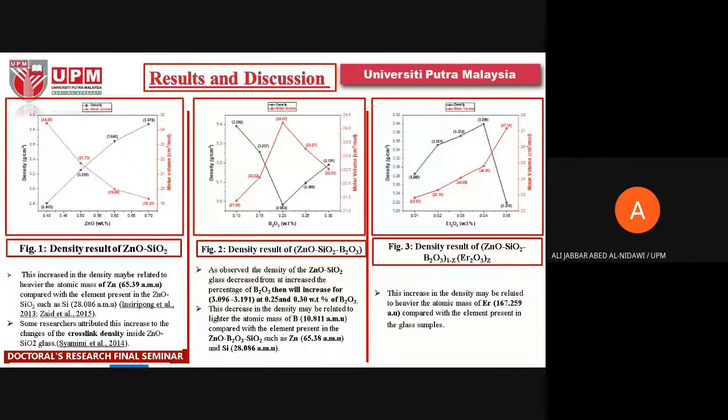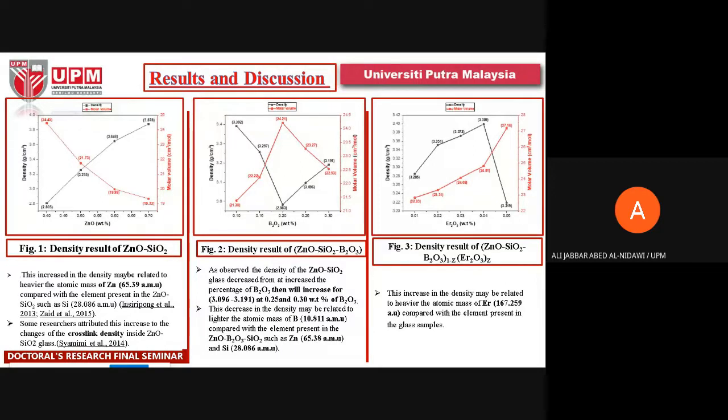As you can see, for the density result of the zinc silicate, the increase in density may be related to the heavier atomic mass of zinc compared with the other elements, and the density increases from 2.8 until 3.8 with increasing zinc concentration. For the zinc borosilicate glasses, we can observe the density decreasing after 0.2 weight percent of boron.